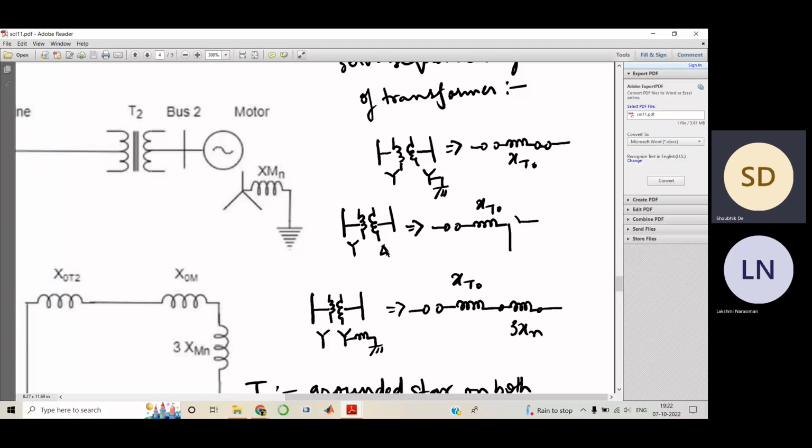And you have to have a delta on one side of the transformer because your circuit gets open and you have a very high, I mean infinite impedance. So Z0 is infinite, and your fault level gets reduced. So basically in a power system you have a star with grounding and delta on the other side. Okay.